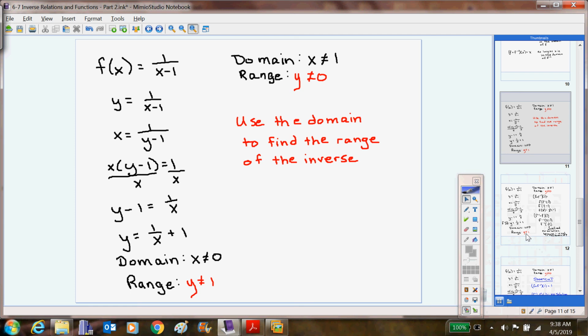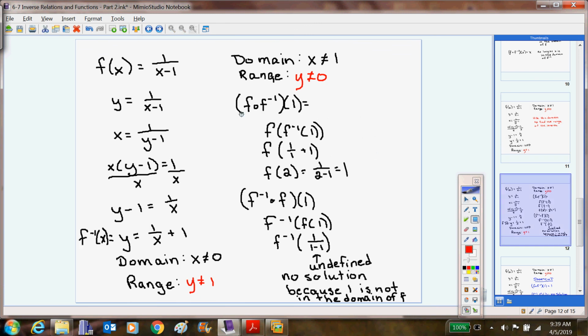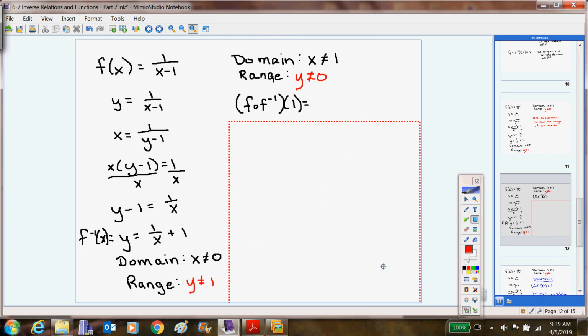Now let's get this example as far as our inverses here. Because I had said, f of f inverse of 1. I'm showing you this the long way. We said our short answer is just 1, but I want you to see it happening.